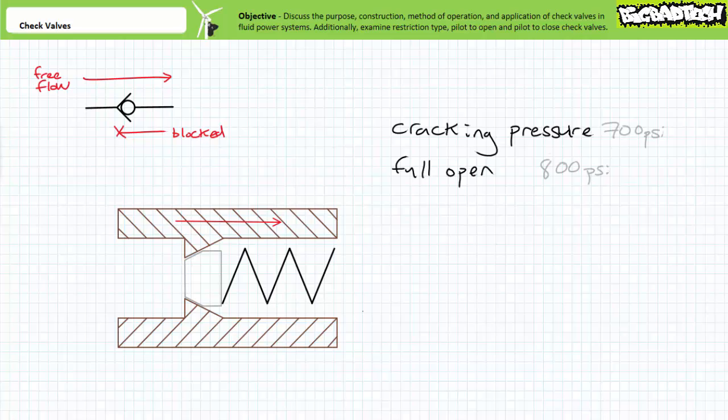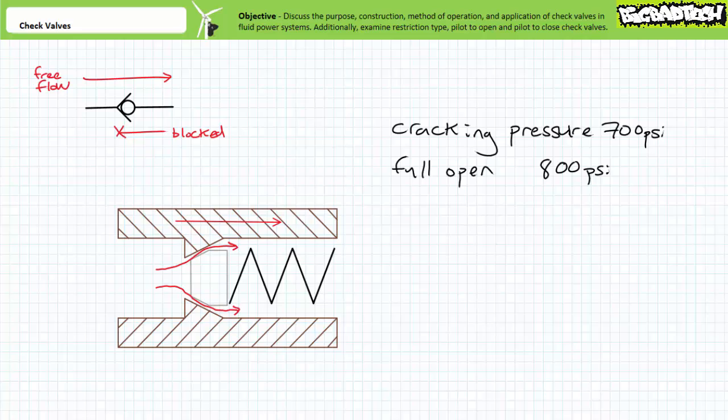Consider, however, a check valve with an extremely heavy bias spring, employed as an especially primitive pressure relief valve. For example, consider a check valve with a heavy bias spring and a cracking pressure of 700 psi and a full open pressure of 800 psi. Up to 700 psi, even the free flow direction of the check valve remains closed, and flow rate through it is 0 gallons per minute. However, when pressure hits 700 psi, the poppet ever so slightly cracks open and diverts a small portion of the provided flow to the tank.